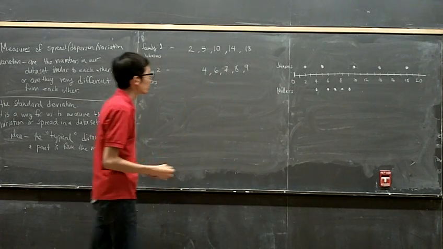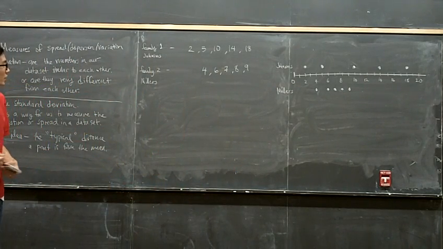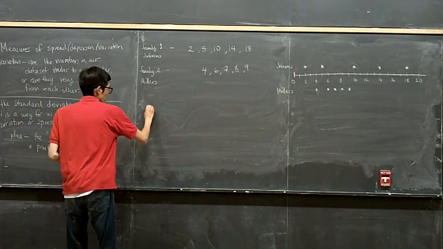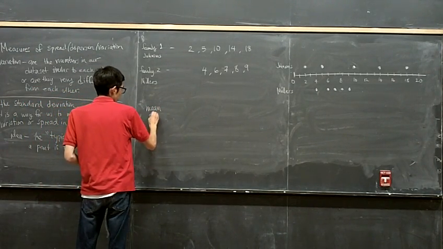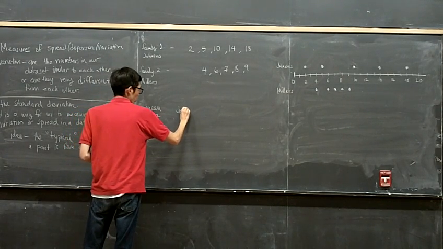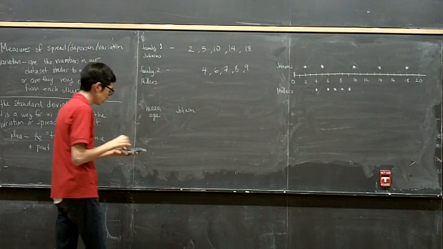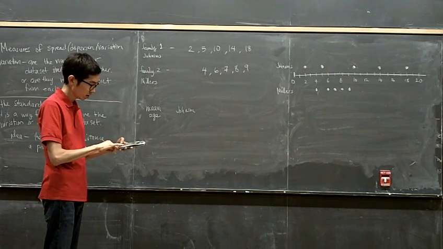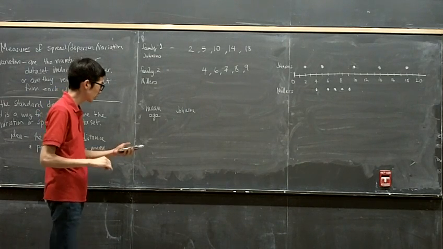Okay, so what is the mean age of the kids in the Johnson family? Well, we do 2 plus 5 plus 10 plus 14 plus 18 divided by 5. I get 9.8.